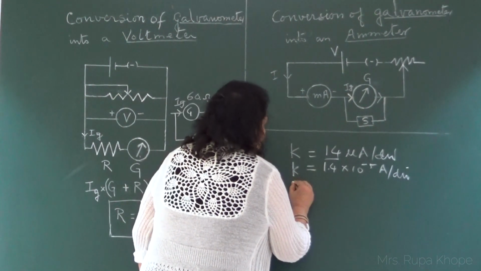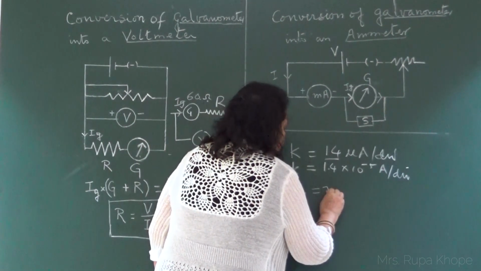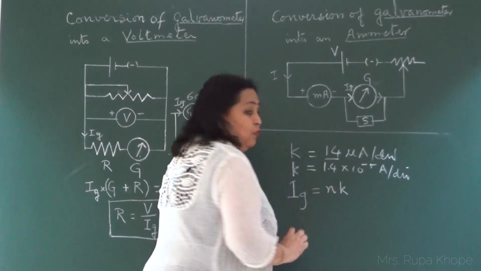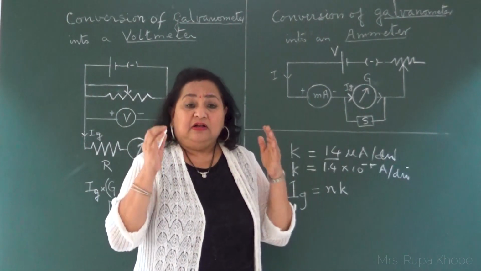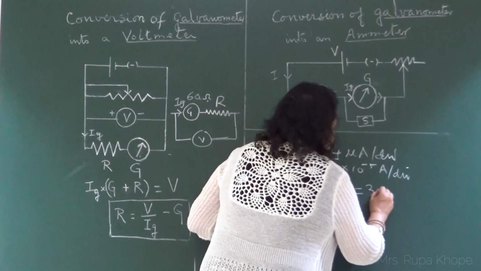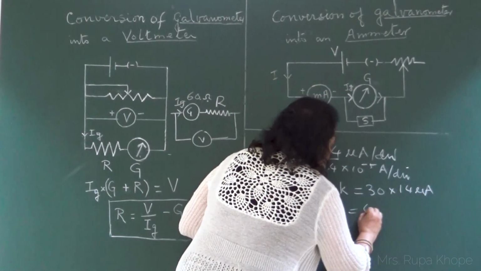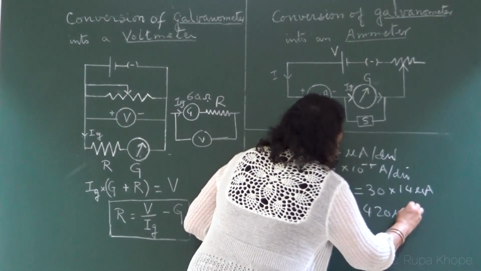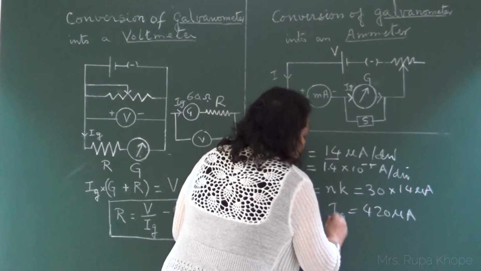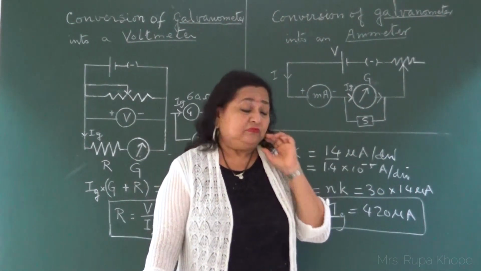So therefore, the maximum current which is flowing in the galvanometer is N into K. Now what is N? N is the number of divisions on the galvanometer. So it is 30 into 14 microamps, which is equal to 420 microamps. This is my maximum current which can flow in the given galvanometer.